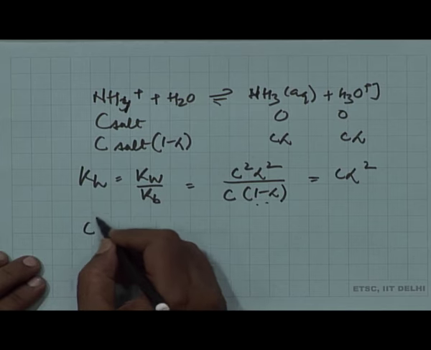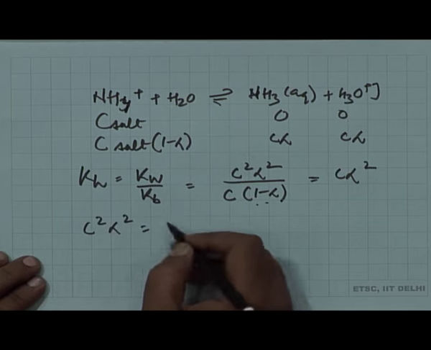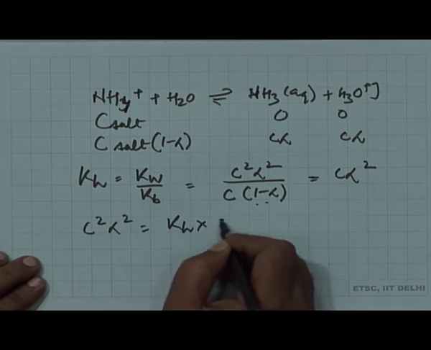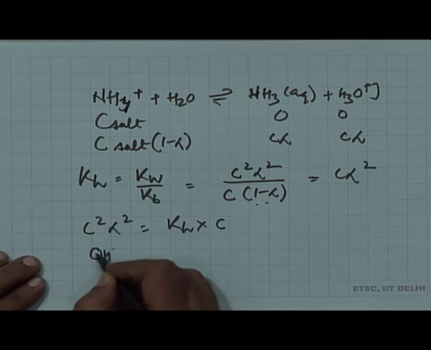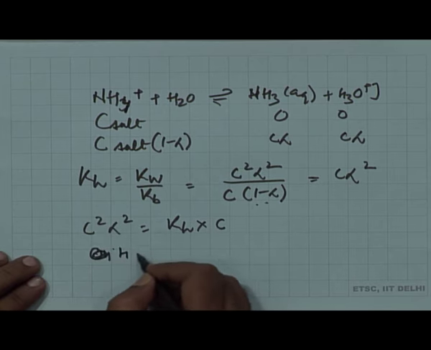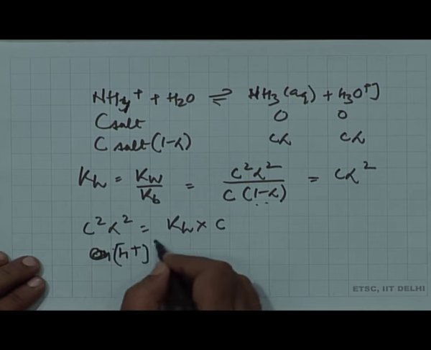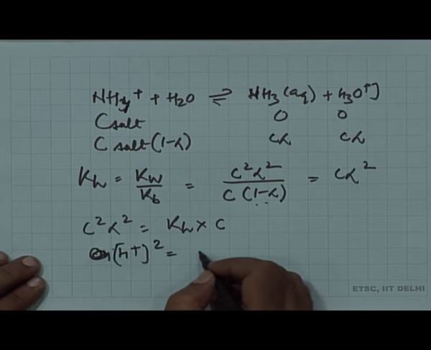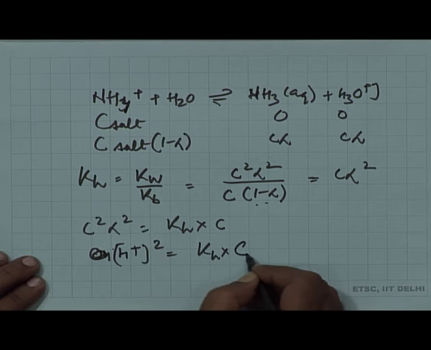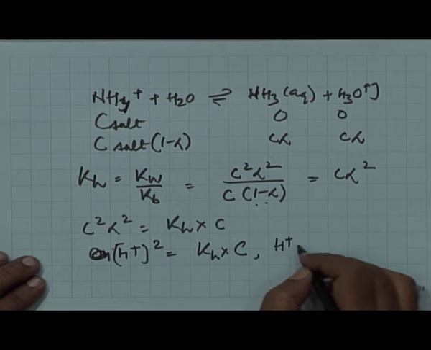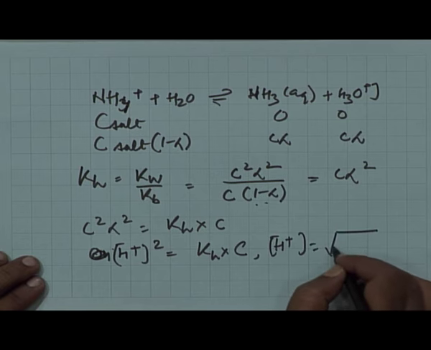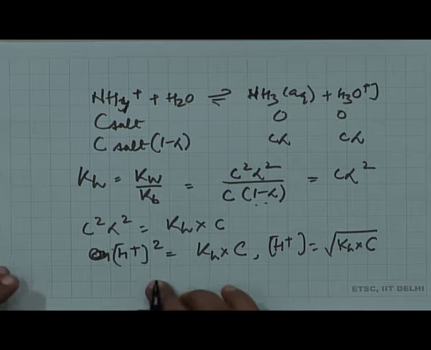So, C square alpha square is simply Kh into C, and this is nothing but H plus ion square or H3O plus square, and this is your Kh into C. So, H plus ion concentration can be calculated by taking the square root of Kh into C.